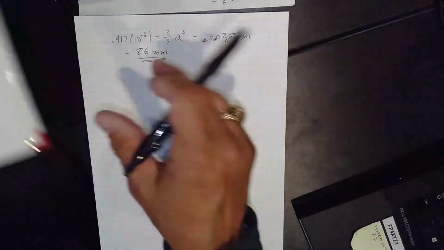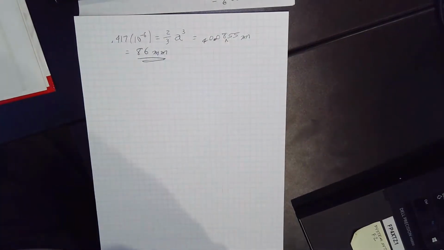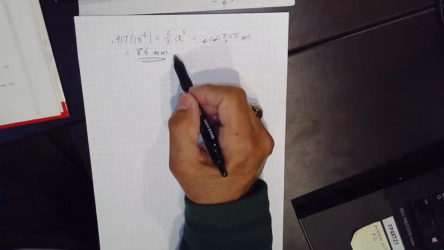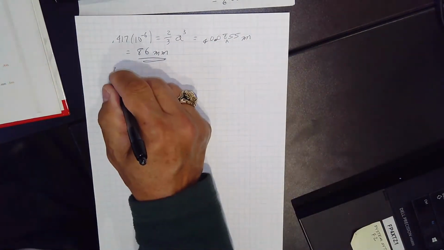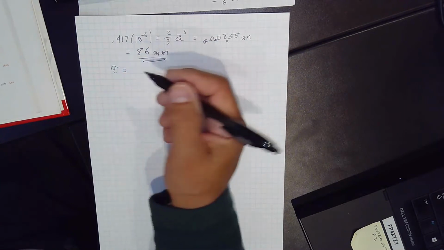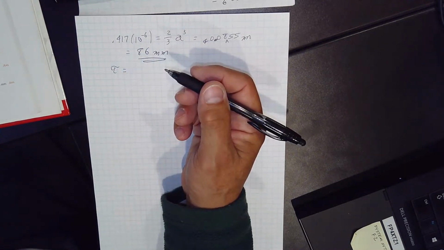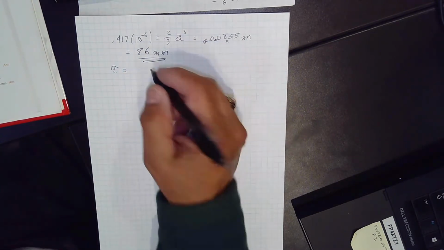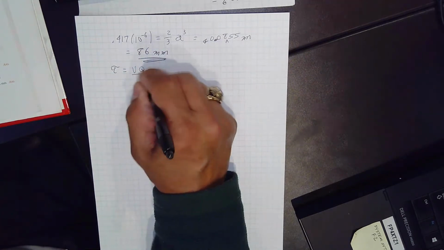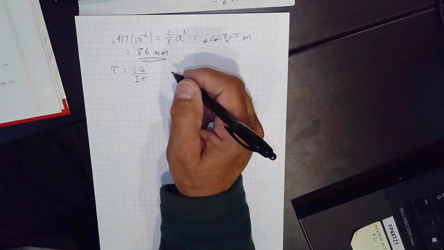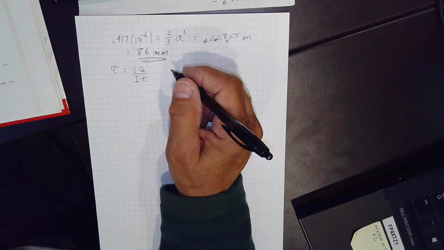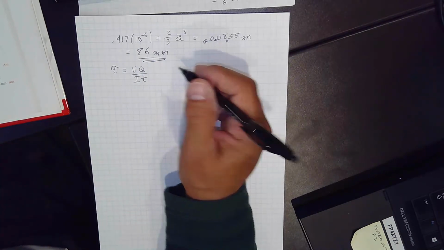Now, we got to check shear. Got to check shear. Remember that? So now we've defined A. We got to check shear. We know that tau is equal to VQ over IT. So we're going to take the top half.